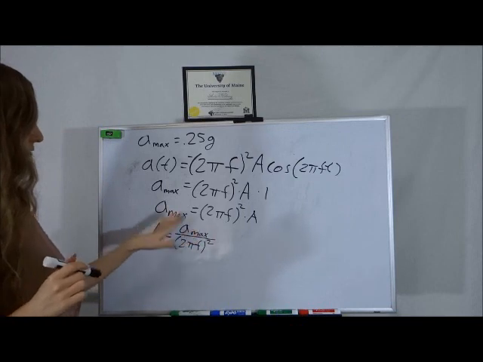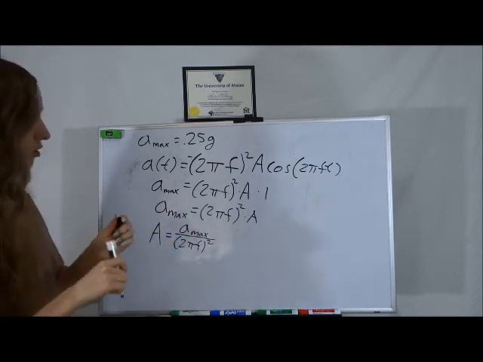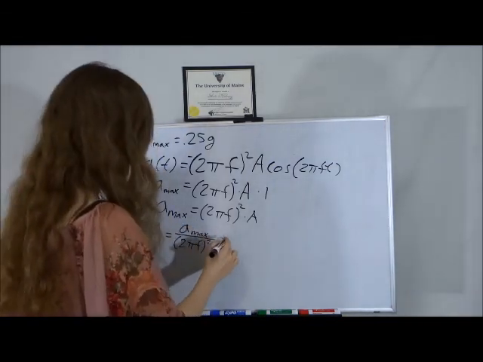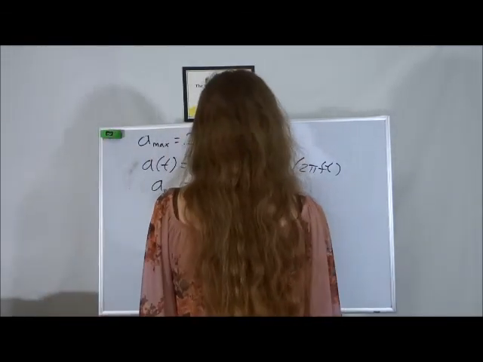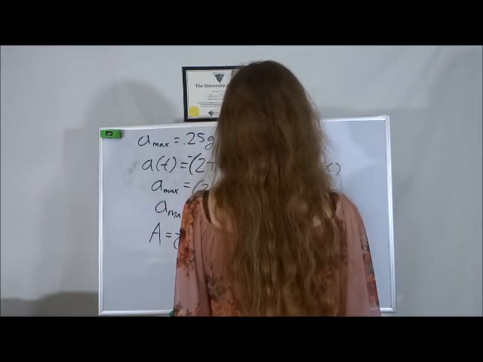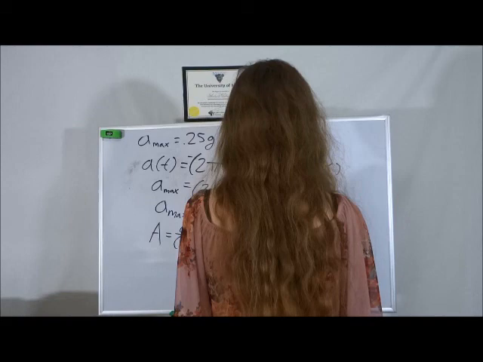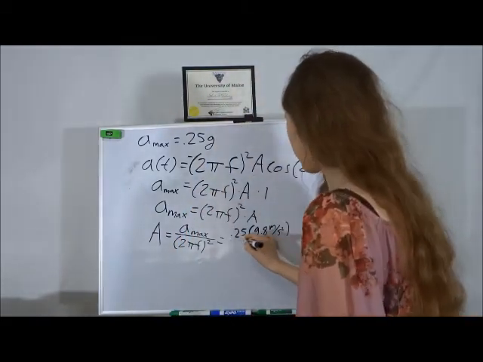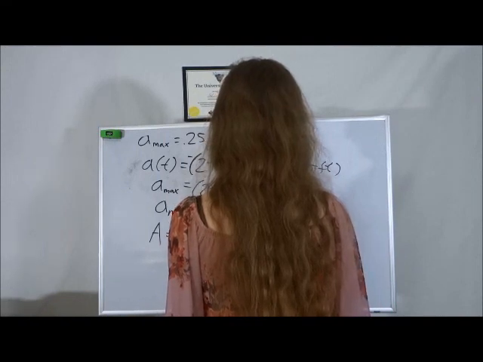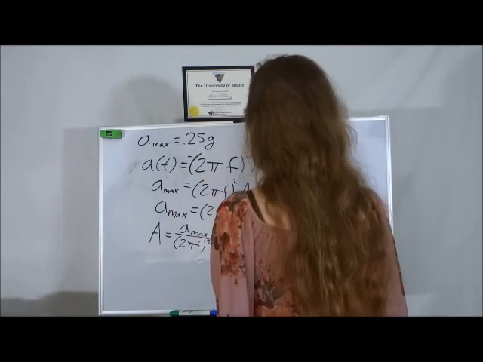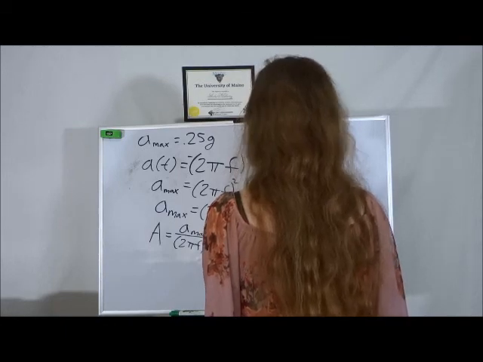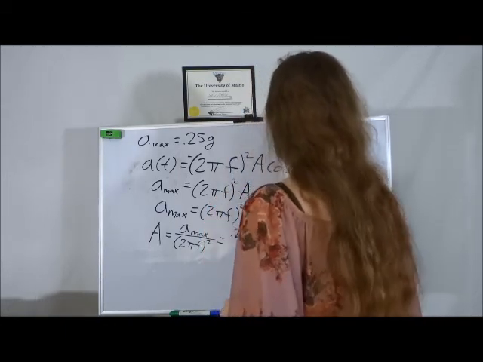From here, it's just a matter of plugging in our variables. So A max is 0.25 g, so it's going to be 0.25 times 9.8 meters per second squared. And we're going to go through and divide this by 2 pi, and our frequency is 1.1 hertz, that whole quantity squared.